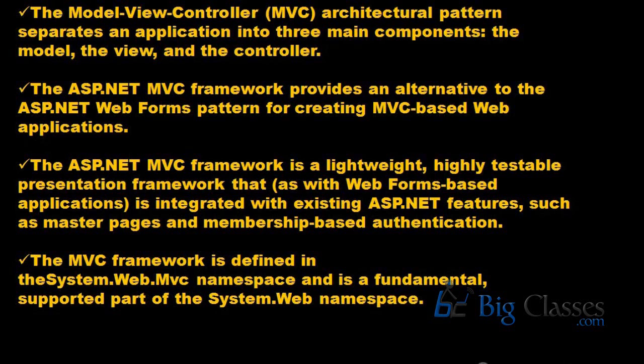What is meant by model? Based on ASP.NET MVC, we allow web developers to develop web applications in three compositions. The first is model, the second is view, and the third is controller.